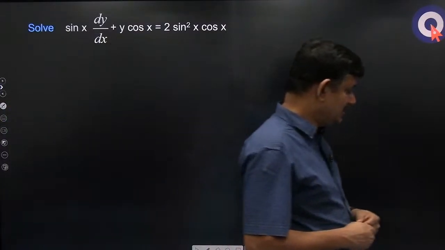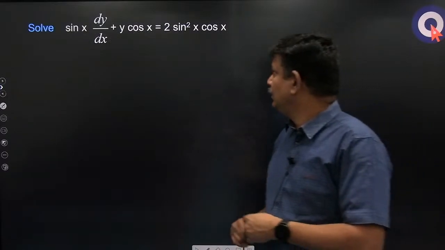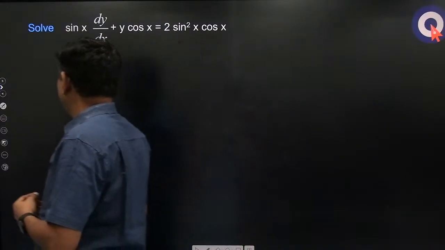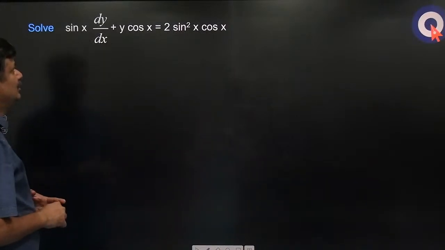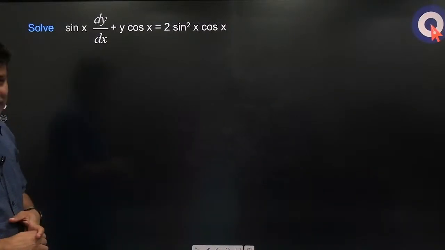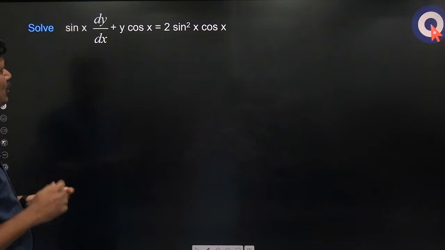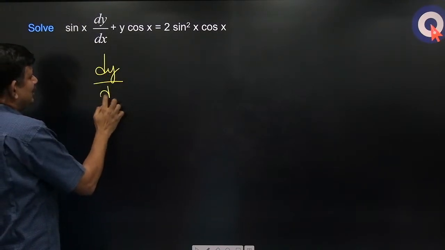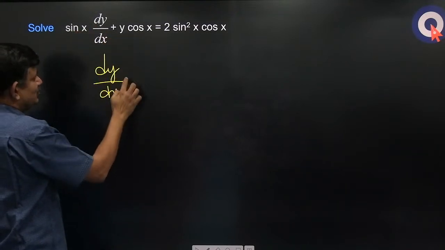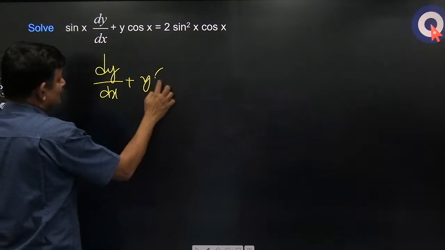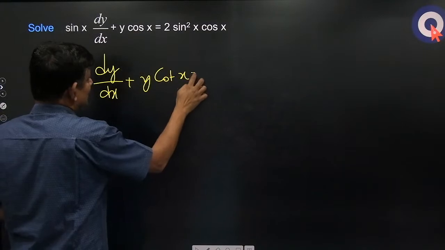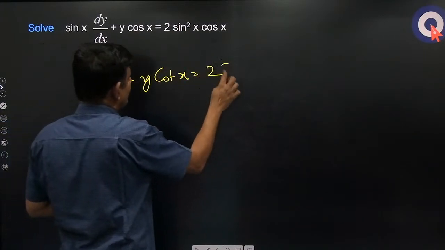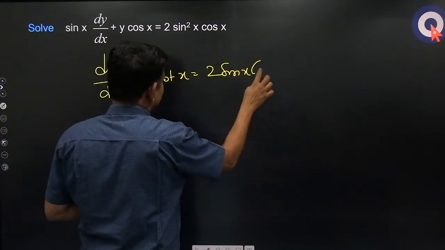Now there will be some equations which as such may not look like linear differential equations, but a small twist will make them visible. Like here, divide the whole thing by sin x: dy by dx plus y into cot x is equal to x sin x cancels, 2 sin x cos x.